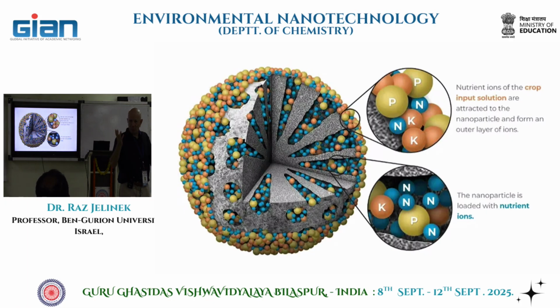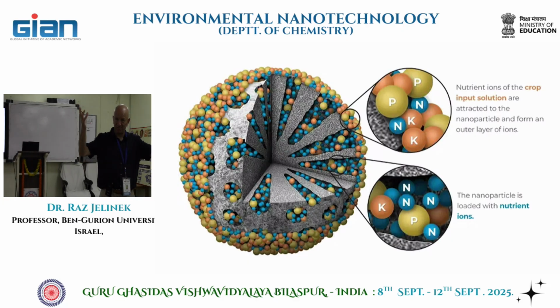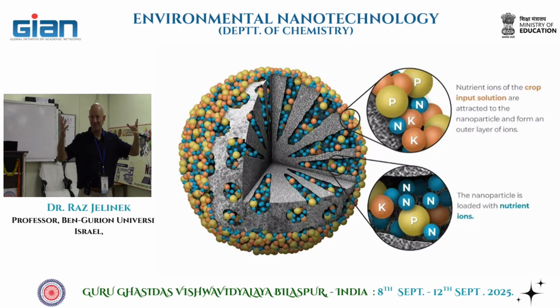But the problem is, every day we release to the atmosphere millions of tons of carbon. We don't yet need millions of tons of carbon dots. There's nothing you can do with this, okay?